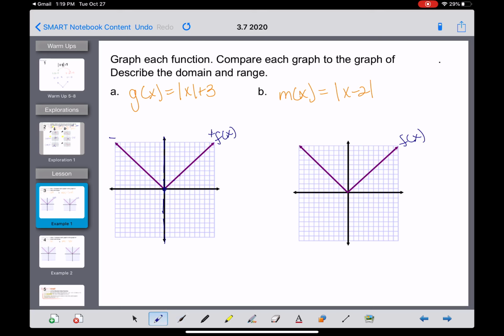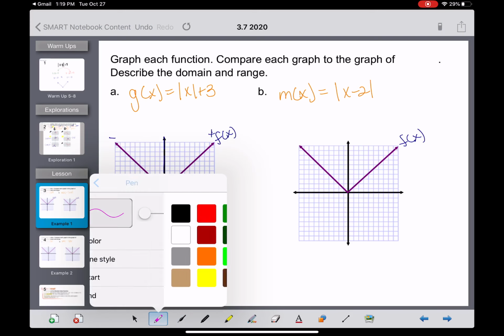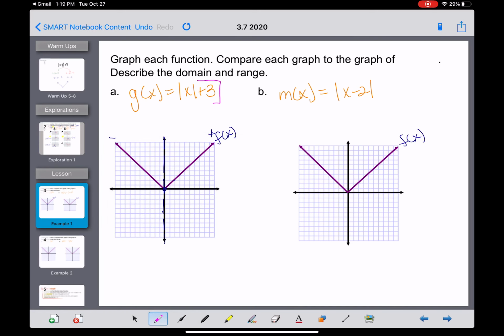When we did linear transformations, we recognized that adding a value onto our line, or in this case, absolute value, is going to be a vertical translation. So we are going to shift our entire line up 3 units.